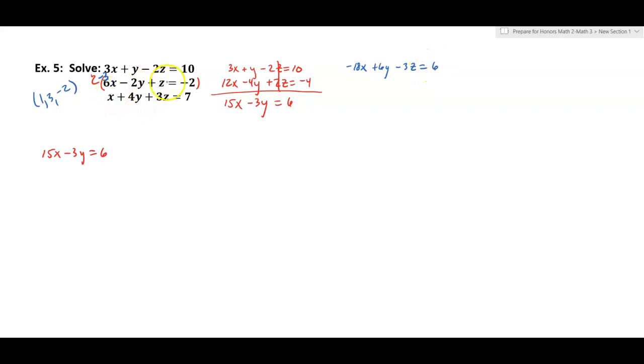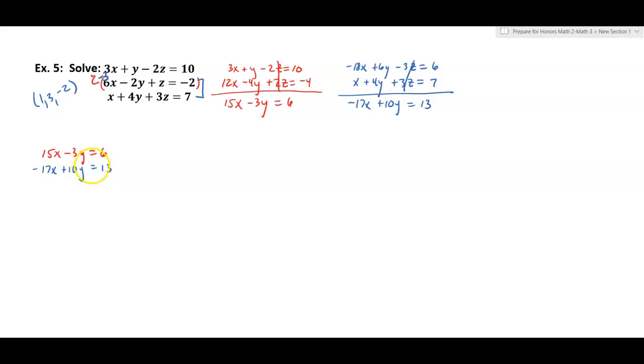The bottom equation now, because I'm using these two equations, is going to stay the same: x plus 4y plus 3z equals 7. Now, z's eliminate here, and I end up with negative 17x plus 10y equals 13. Now, I'm going to go ahead and use elimination here to solve this one.